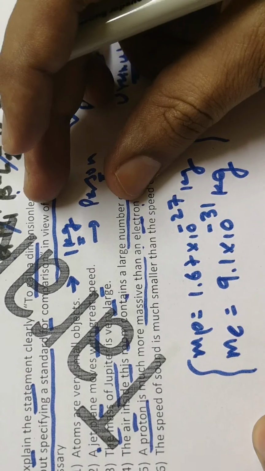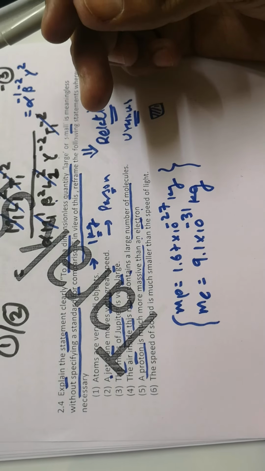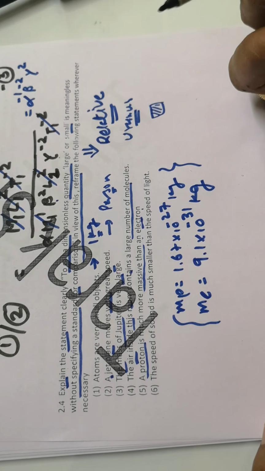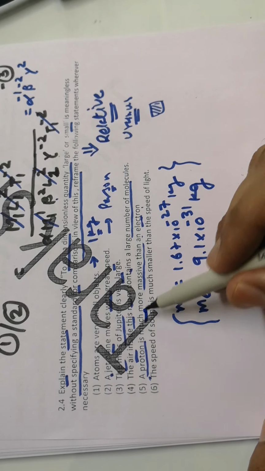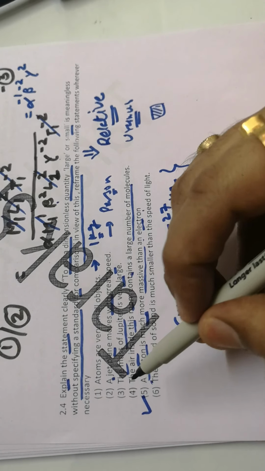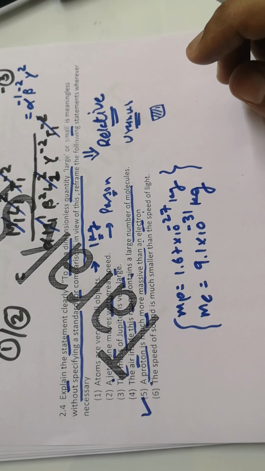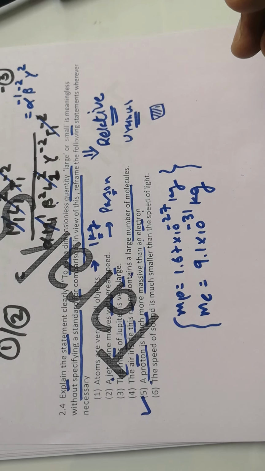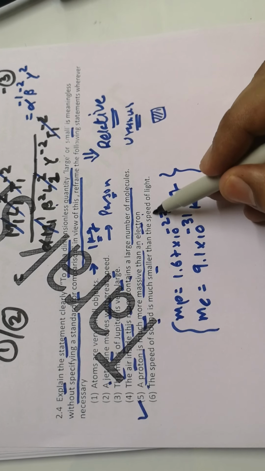In the previous four there is no comparison, that is why we were somehow clueless about which one is smaller or larger. But here they have already mentioned such a comparison, so this is true. From 1 to 4 we have to put some references, but in the fifth one there is no need to put any reference. The speed of sound is much smaller compared to the speed of light.